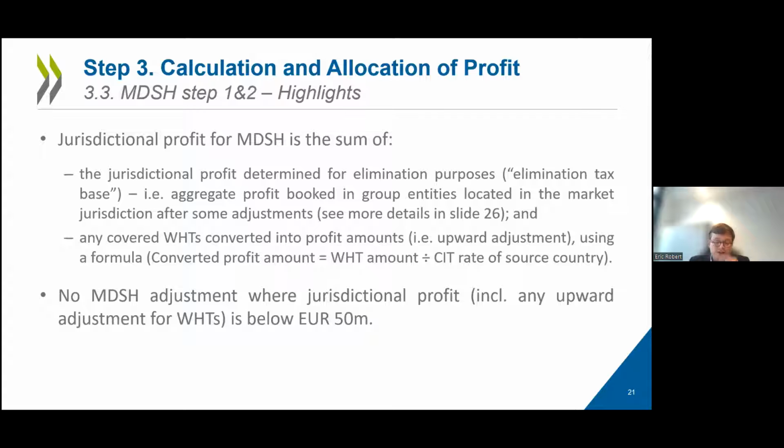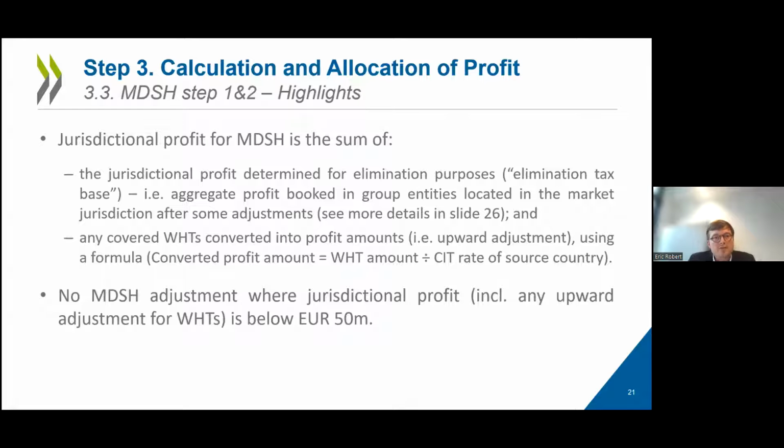If that's the case, then the jurisdictional profit will be the sum of those two elements: the locally booked profit with some adjustment and the withholding tax collected converted into a profit amount. And it's the sum of these two elements that you will then test against the other elements of the mechanic. And obviously, the next step, as you know, is the de minimis threshold. And so it's the sum of the two that you will test against the 50 million threshold.